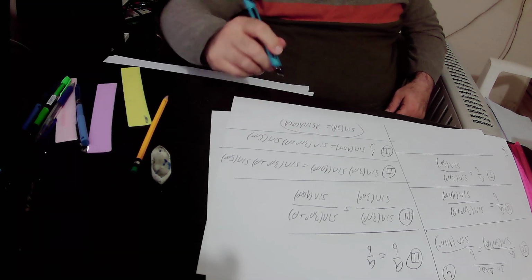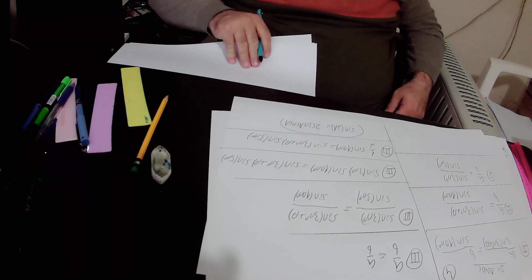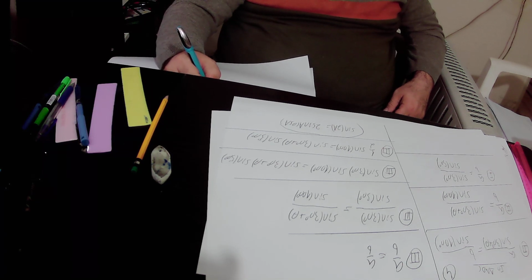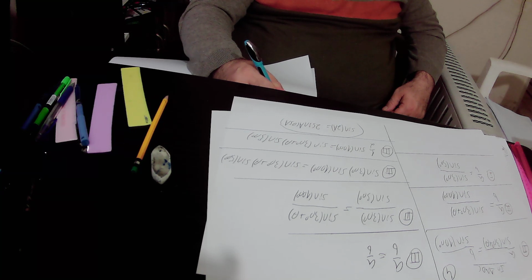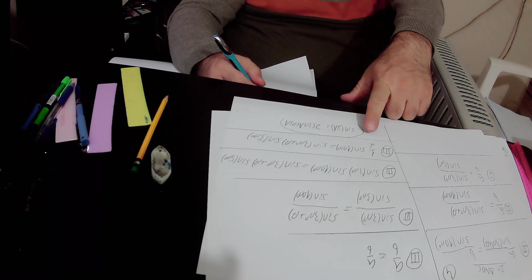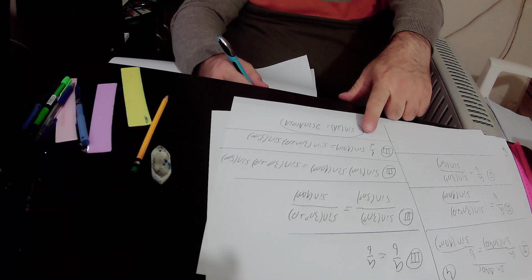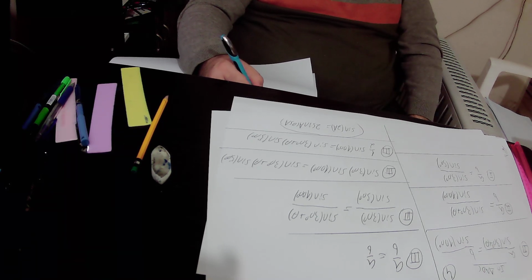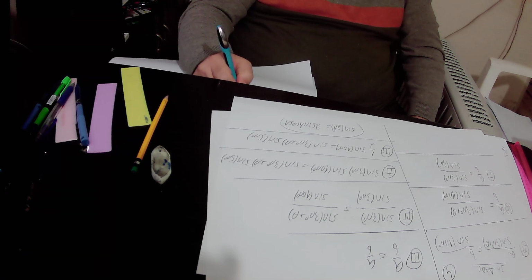According to this trigonometric identity, we will get that sine 100 degrees will be equal to 2 sine 50 degrees cosine 50 degrees.